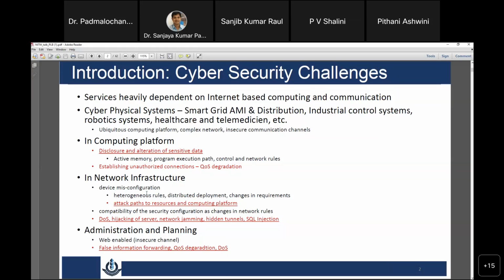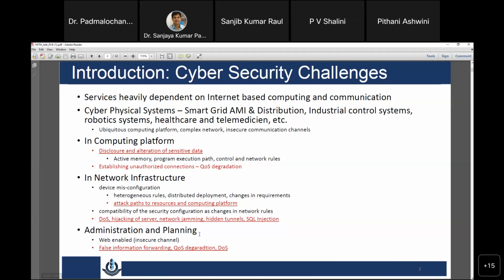So if we have some formal methodology that, okay, this is my requirement and this is my network topology, and based on this requirement I automatically derive the configurations for various devices in the network topology, then obviously we can reduce device level misconfiguration significantly.